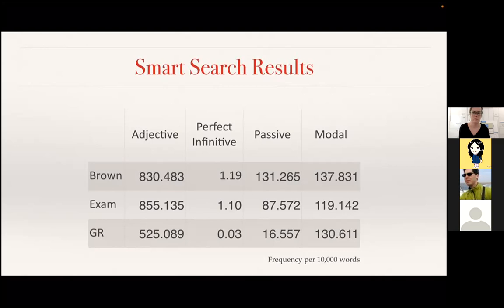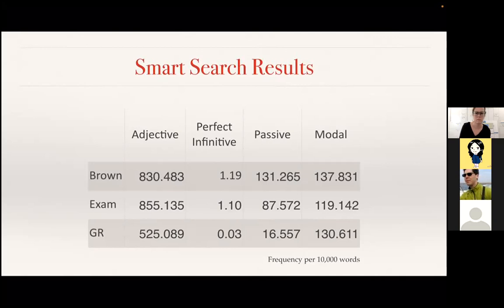All the passive, perfect infinitive, and adjective uses are much higher in frequency in Brown corpus and much lower in graded readers. This shows that graded readers are written in much simpler English.